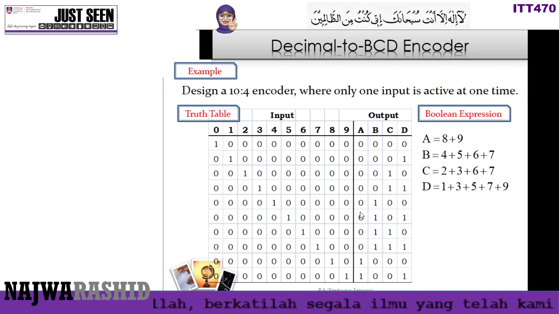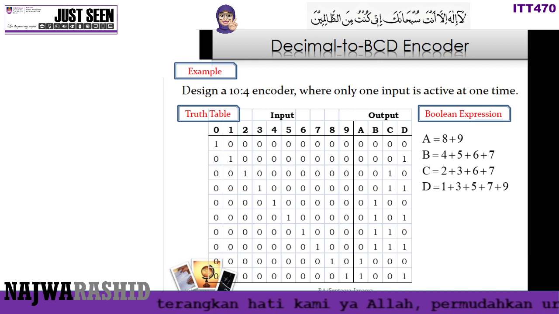Based on this truth table, you should be able to identify the Boolean expression. How to identify the Boolean expression is based on the output column, referring to where the output equals 1, using SOP.